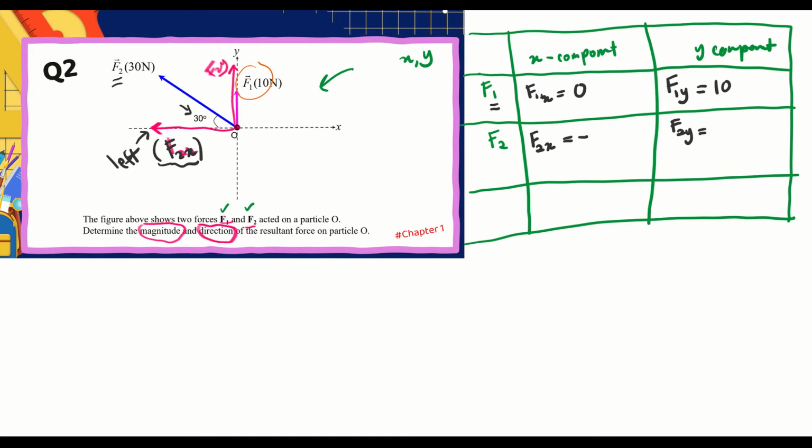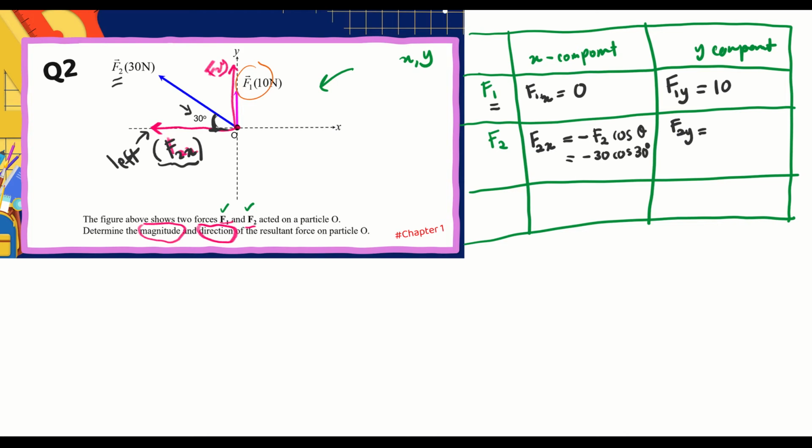After you put the sign, then you can write down the equation. If the angle is attached to that axis, we use the cos function. So F2 cos theta, so it's going to be negative 30 cos 30.